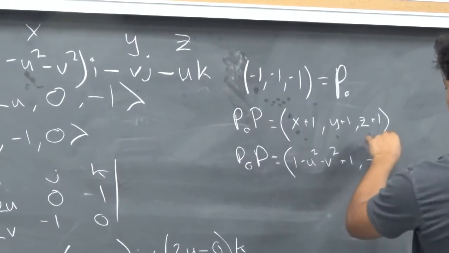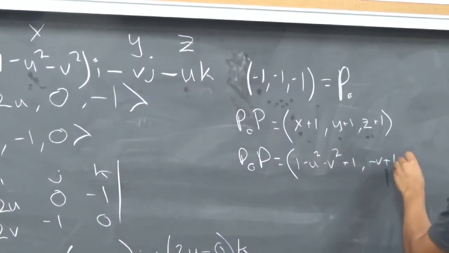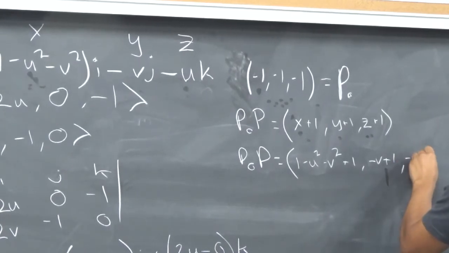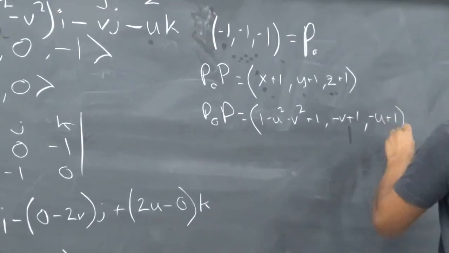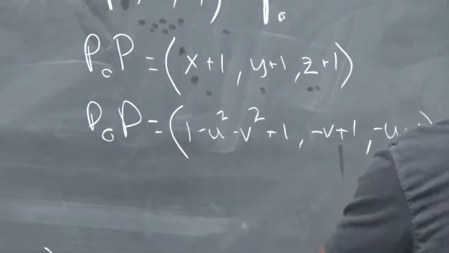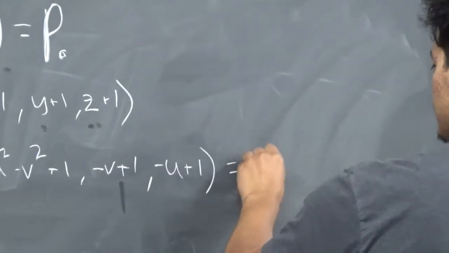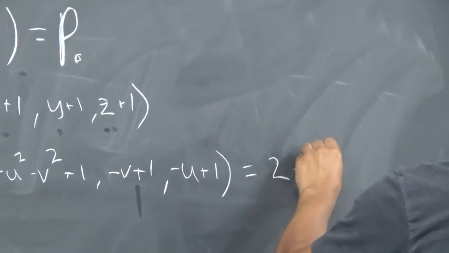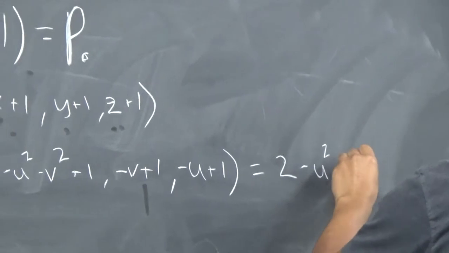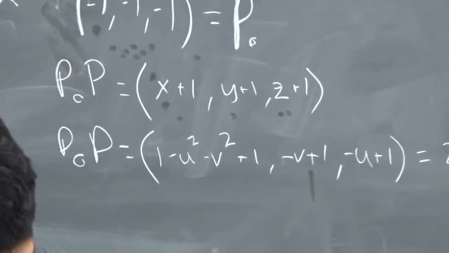And then we're going to go to right here, and our z equals -u. So then it will be -u plus 1. All right. So then we can do a little bit of simplification right here. And it's just going to be 2 minus u squared minus u squared. Actually, that's just going to be 0.